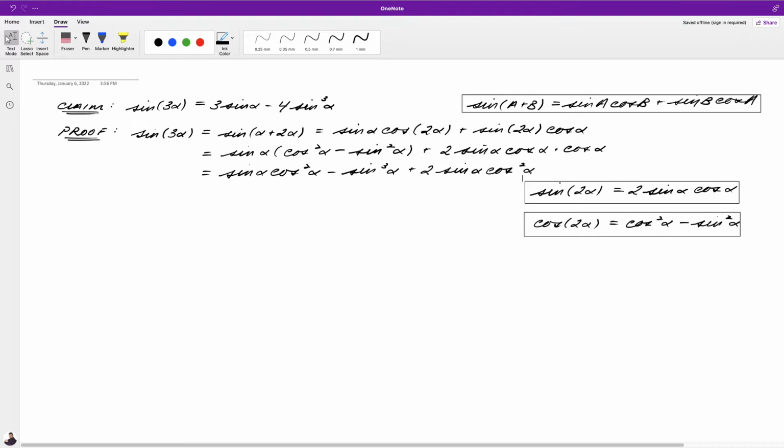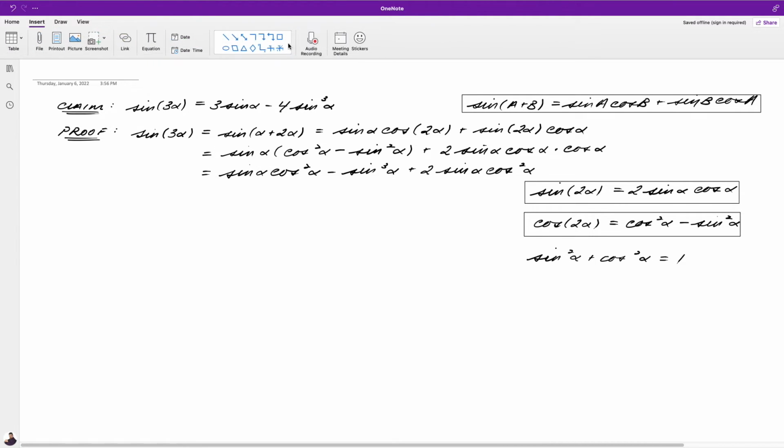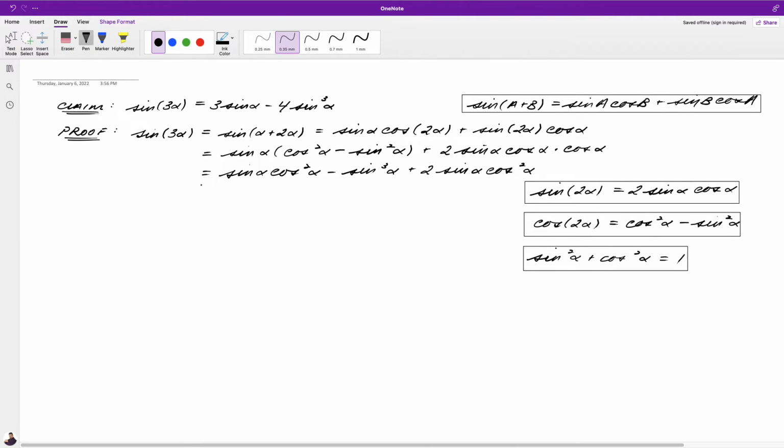Well, we got a minus 4 sine cubed alpha here, and we got a sine cubed, and we want to then exchange the cosine squared alpha and this cosine squared alpha with 1 minus sine squared alpha. So I will also be using, of course, this Pythagorean identity, sine squared alpha plus cosine squared alpha is equal to 1. Okay, so that's another identity I'm going to be using here.